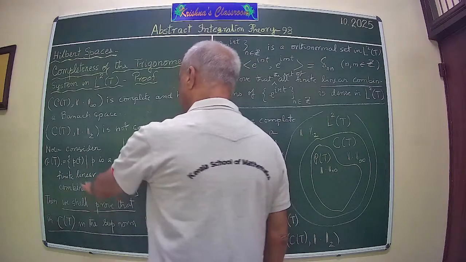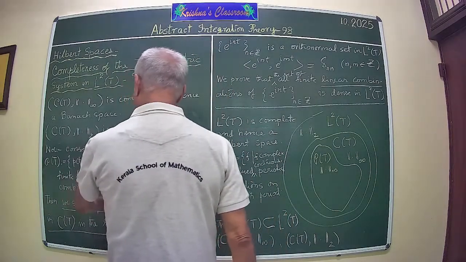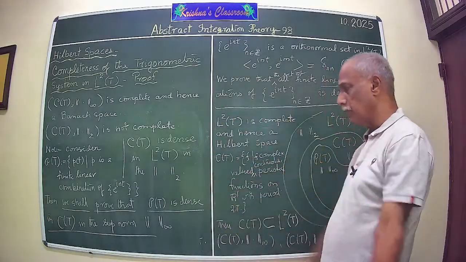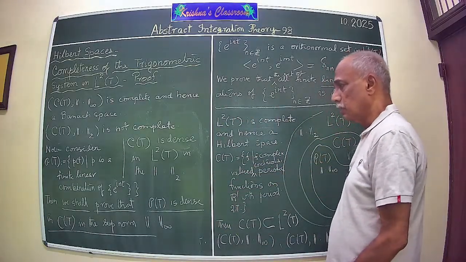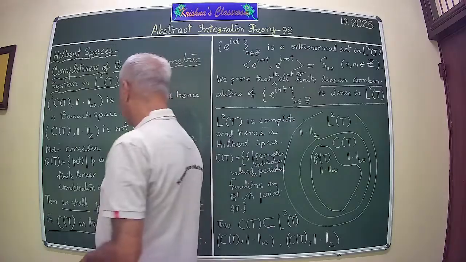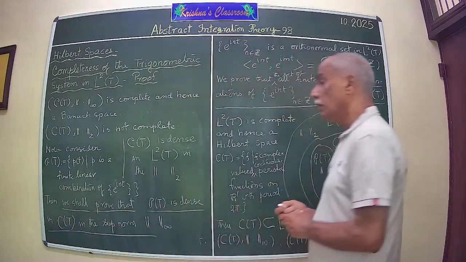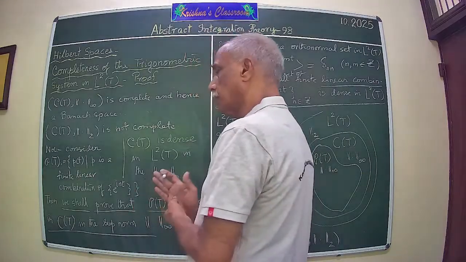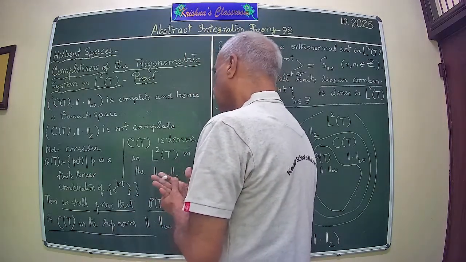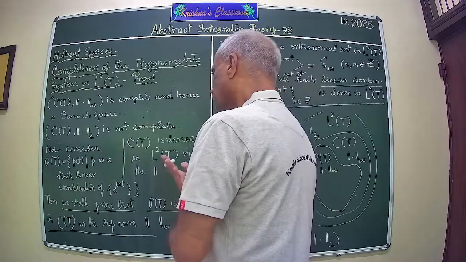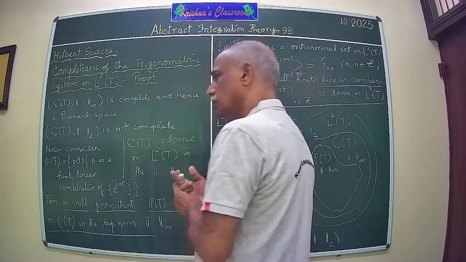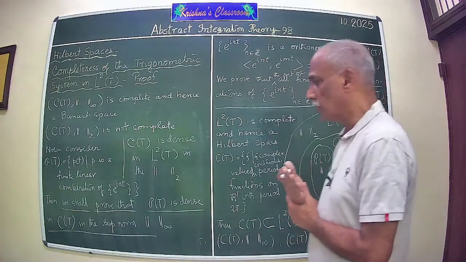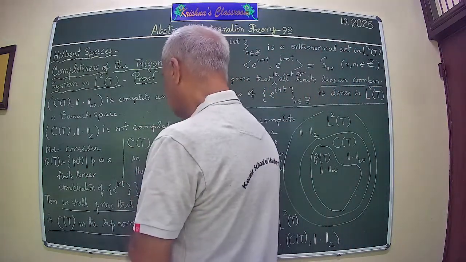Now this would become a sort of polynomial in the trigonometric system. So you have the collection of all polynomials in the trigonometric system, that means finite linear combinations of e to the power int. Now this is a smooth collection of elements or functions in C(T). All that we assume is that elements of C(T) are continuous. Now we prove that this is true.